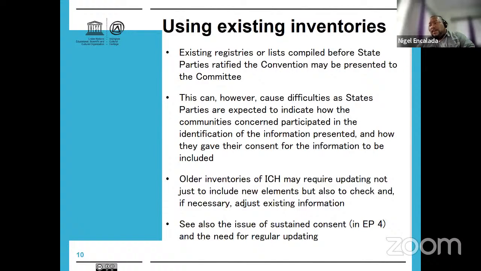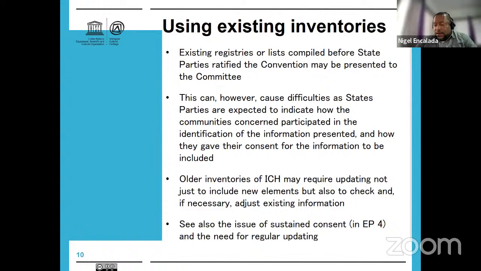Older inventories of ICH may require updating, not just to include new elements, but also to check and, if necessary, adjust existing information. No? We want to also see the issue of sustained consent and the need for regular updating.